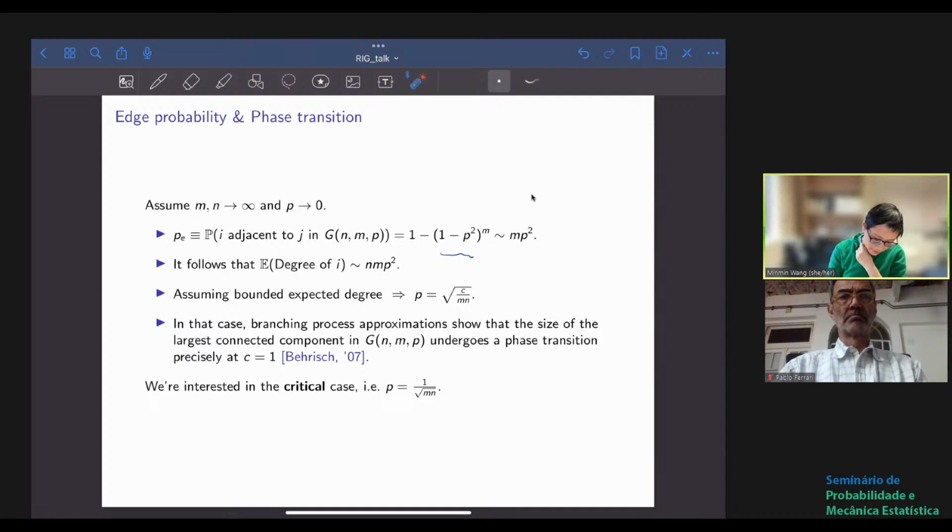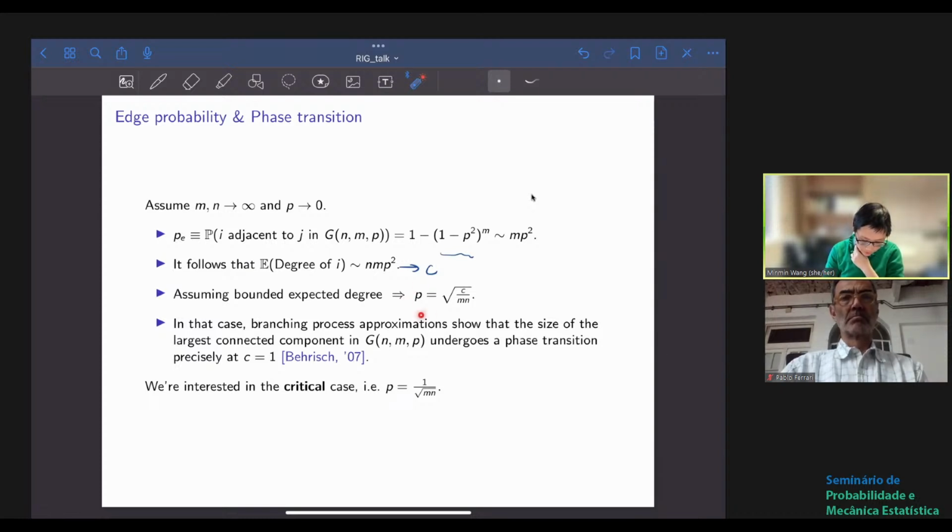So I'm going to consider the case where the expected vertex degree converges to some constant c. This is the so-called sparse regime in random graphs. With this constraint, we can easily work out what p I need to take. p should be of the form square root of c over mn.